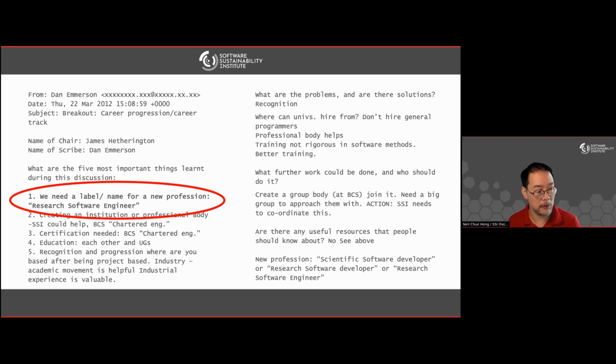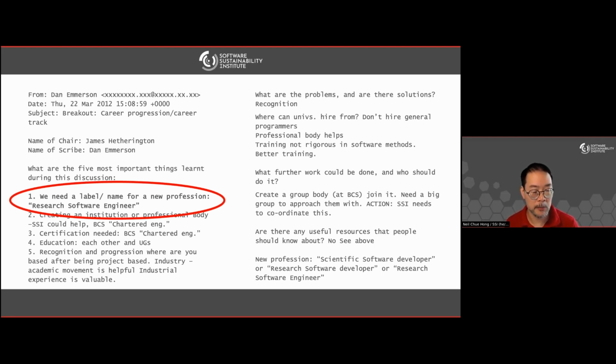People like James Hetherington were part of the very early aims of trying to raise awareness. So we spent a good 2 or 3 years just trying to make sure that people knew that this sort of role existed. We did things like trying to understand how many people were doing the role by looking at job adverts.